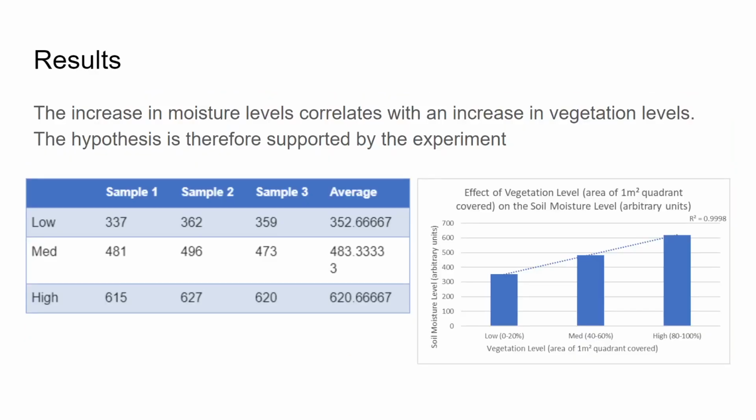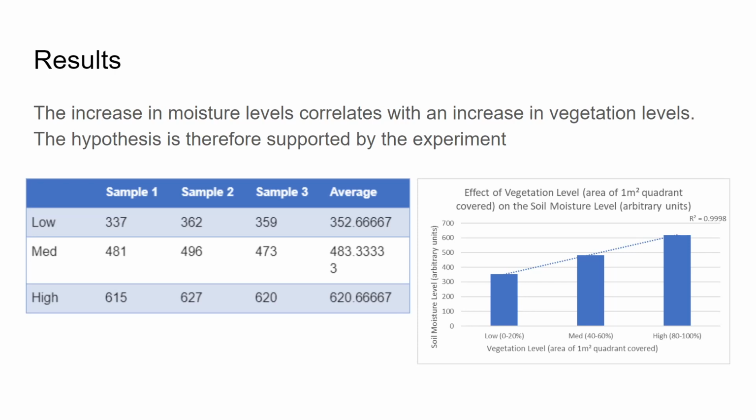Now, the results that we got were pretty representative, pretty similar to what we thought we would have based on part A, with an increase in vegetation levels also increasing the soil moisture level. This obviously corroborates our hypothesis, which likely proves it correct.